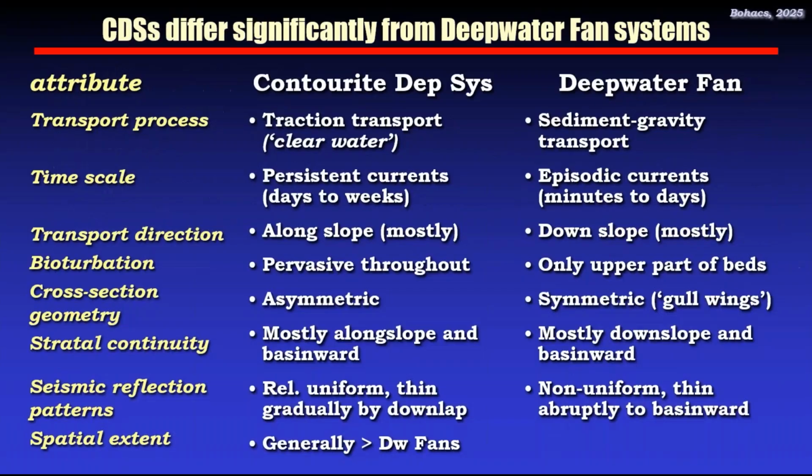For recognition in the seismic record, contourite systems are characterized by pervasive bioturbation and an asymmetric cross-section with seismic continuity oriented mostly along slope and basinward. Seismic reflection patterns are relatively uniform and thin gradually by downlap, and their spatial extent is generally greater than many deep water fans.